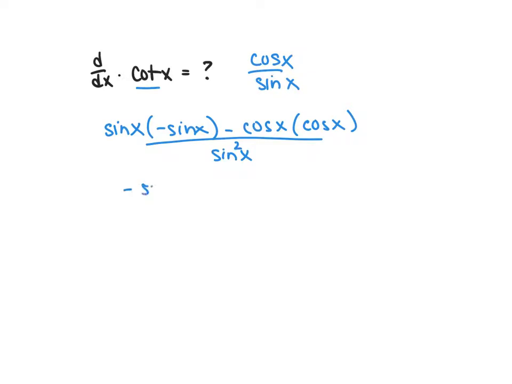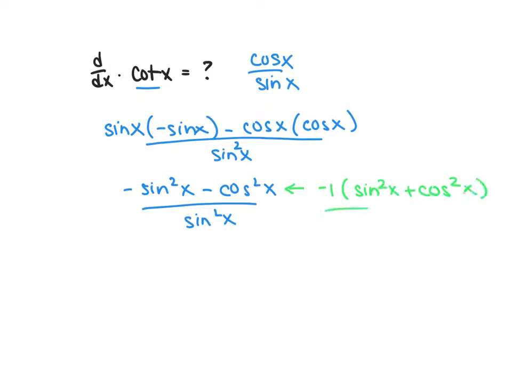And what I really have is negative sine squared minus cosine squared all over sine squared. And this time what I'm going to do is work with just the top. And I almost have sine squared plus cosine squared. And I will have that if I factor out that negative 1.